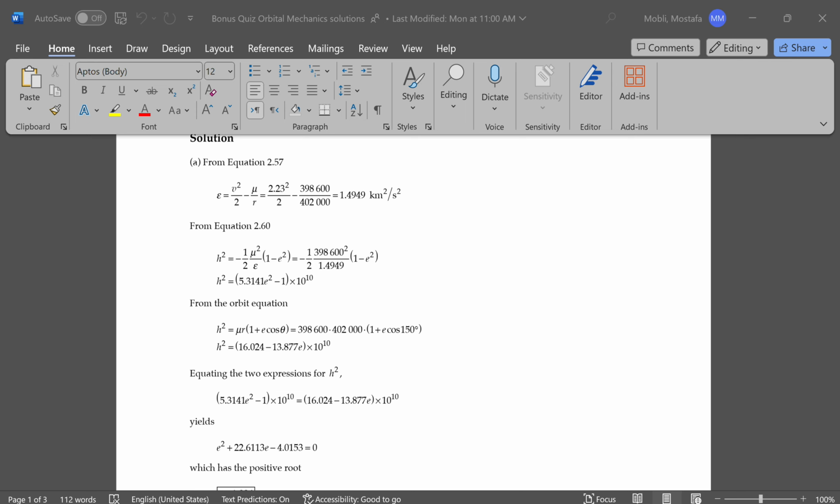Meaning that to calculate r of p, we definitely need h and eccentricity. So what can we do? There's an equation we have for angular momentum specifically as a function of the energy of the orbit: h squared equals 1/2 mu squared divided by epsilon, multiplied by 1 minus e squared.